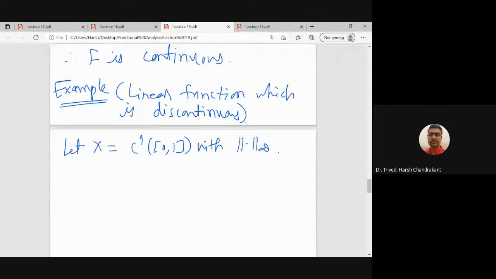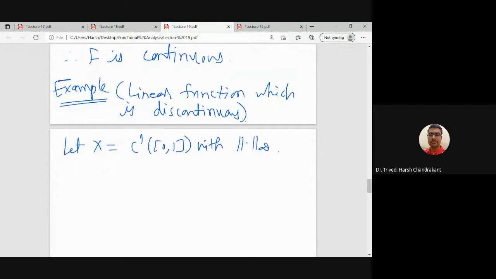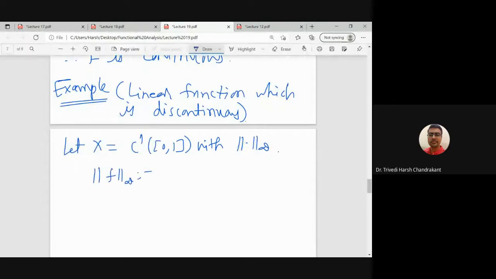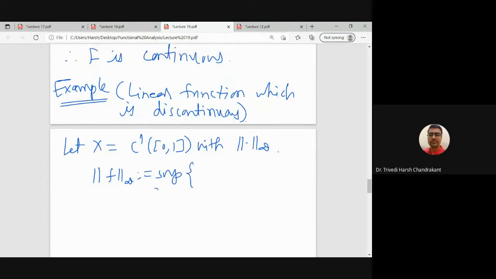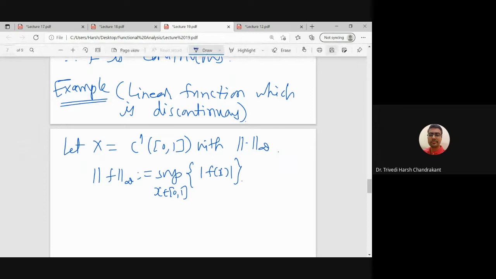You remember the supremum norm, right? What is the supremum norm? Supremum of modulus f(x). Many students make mistakes here, they take f(x). Remember that a norm is always non-negative, so we need to take the modulus here, like in the other norms, where we take the modulus of the coordinates. So this is a norm over this vector space.